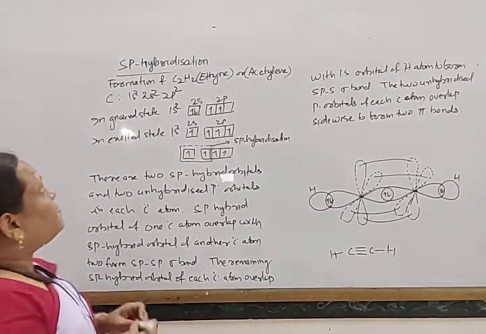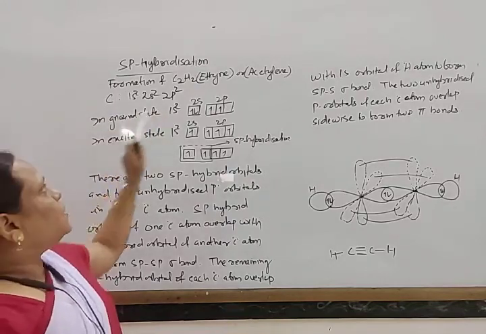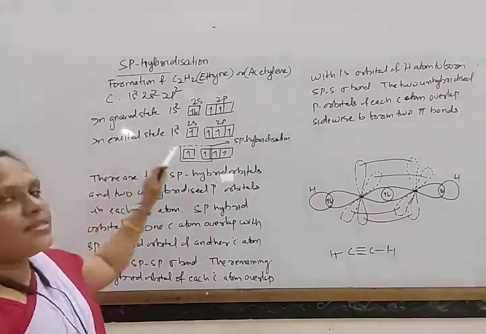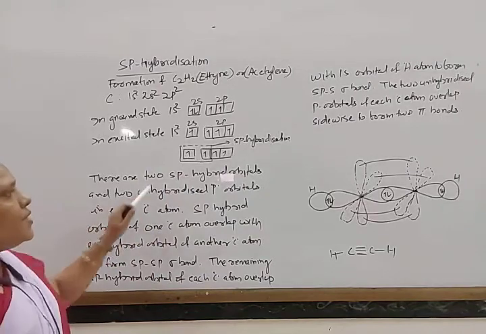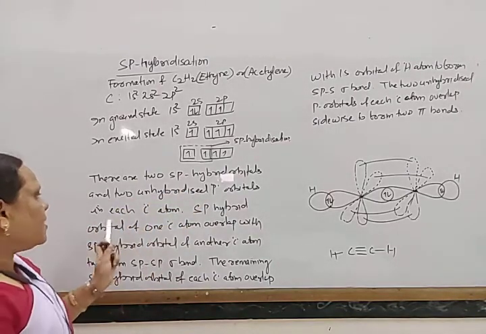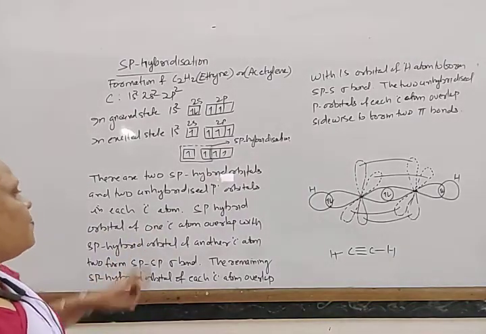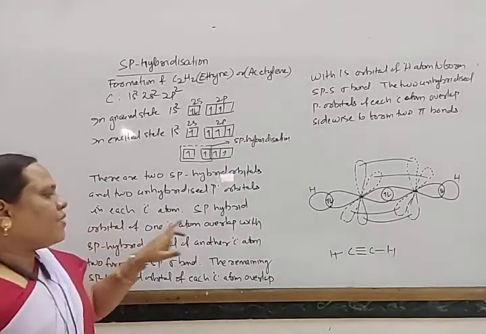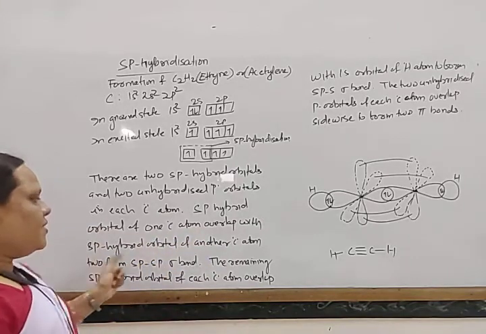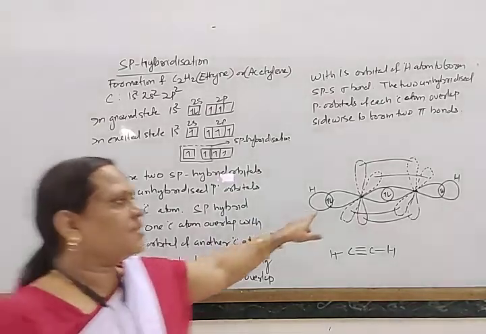Okay, note down the points. Formation of acetylene: 1s2, 2s2, 2p2. This is the ground state. This is the excited state configuration. There are 2 sp hybrid orbitals and 2 unhybridized p orbitals in each carbon atom containing a single electron. The sp hybrid orbital of one carbon atom overlaps with the sp hybrid orbital of another carbon atom to form an sp-sp sigma bond.